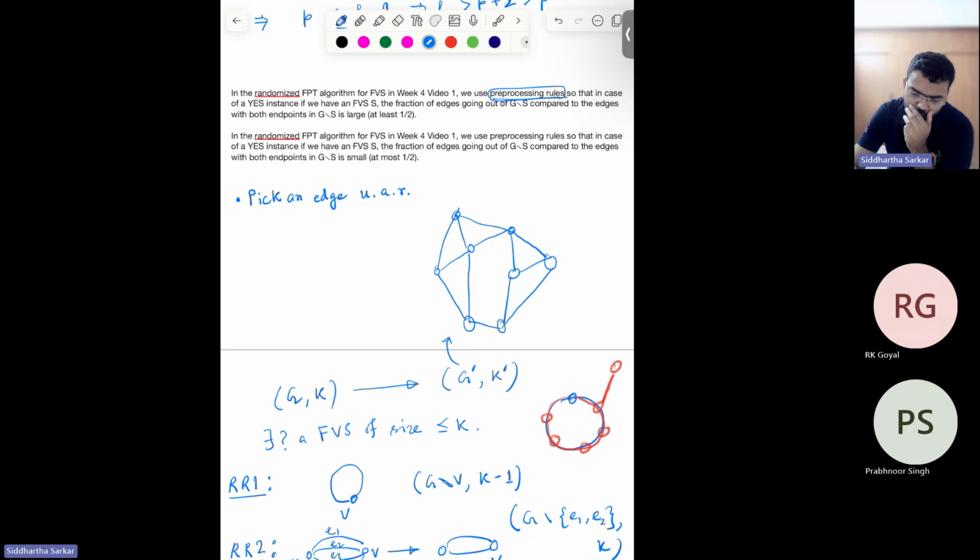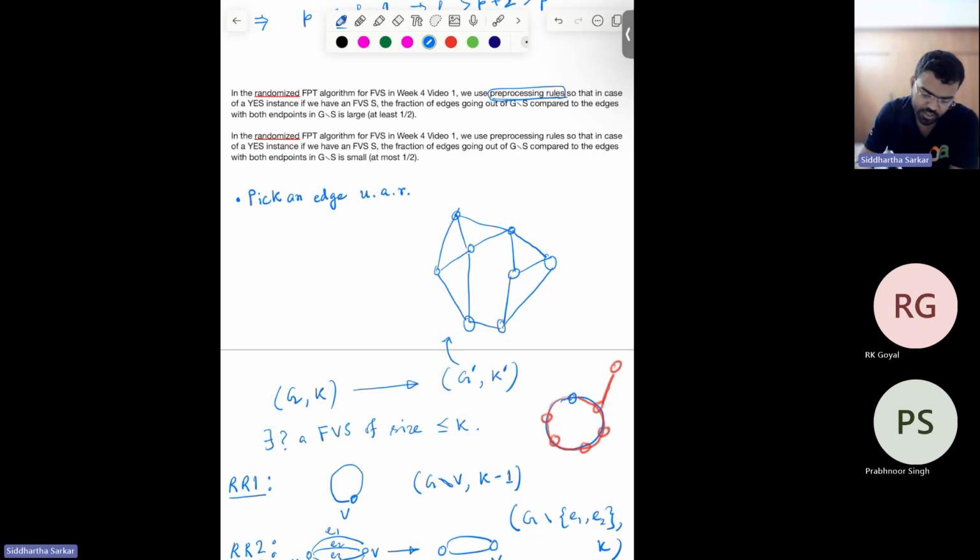All right. So what you do is you have this G dash, and in G dash you pick an edge uniformly at random. And what does uniformly at random mean? There are so many options you have. You have, let us say, k edges in this graph. You could have chosen any of these k edges.